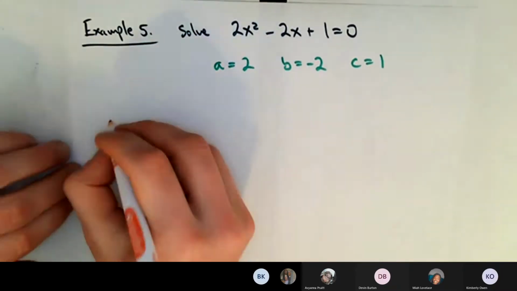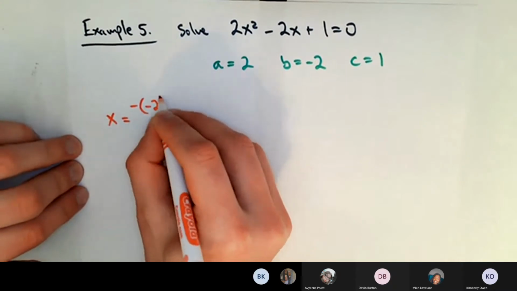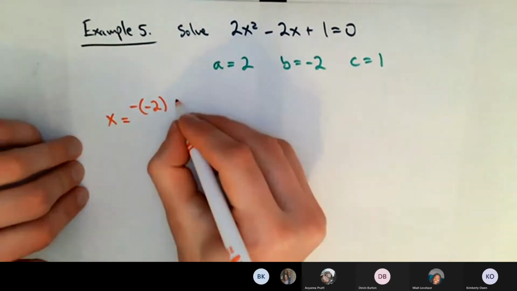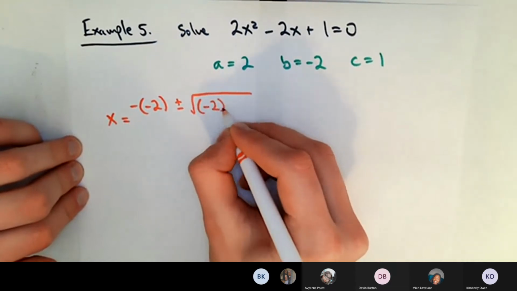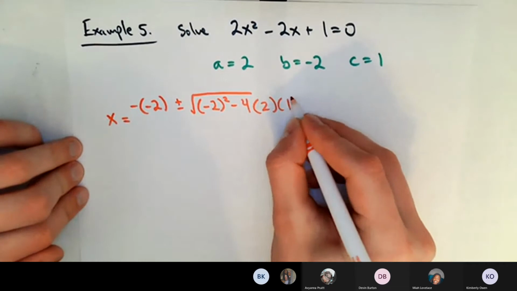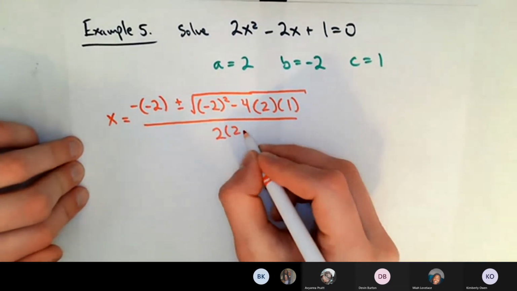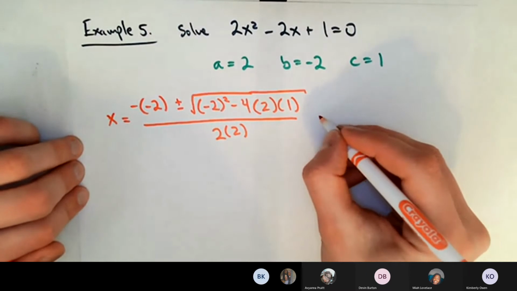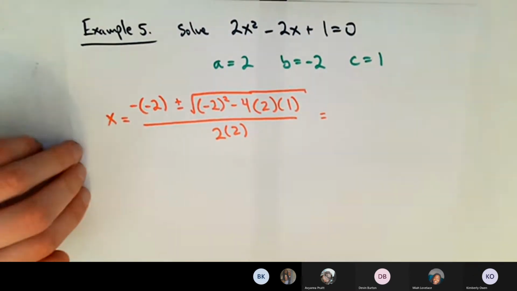All right, x is equal to -b, so that's going to be negative b, there's my b, plus or minus square root. Notice how every time I'm doing this, when I first write down everything, I'm not trying to think ahead and be like, okay, negative and negative makes a positive. I'm just writing it all in, not trying to do 2 steps at once as I'm writing it down, right?